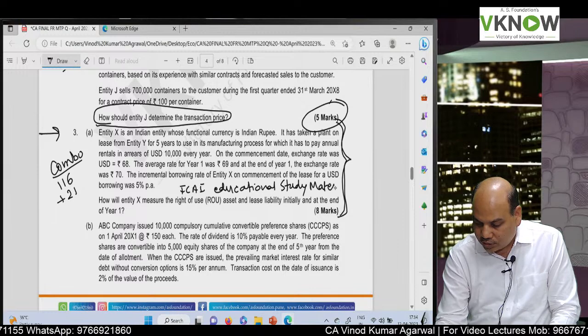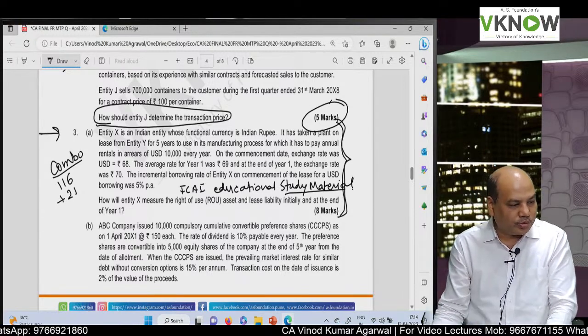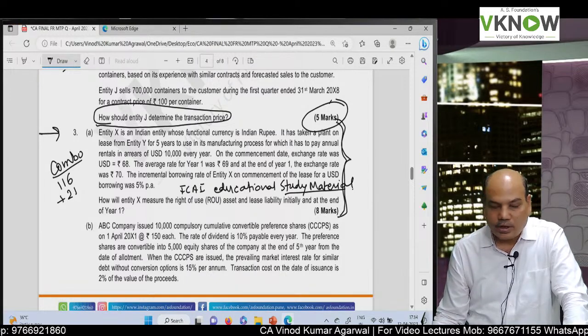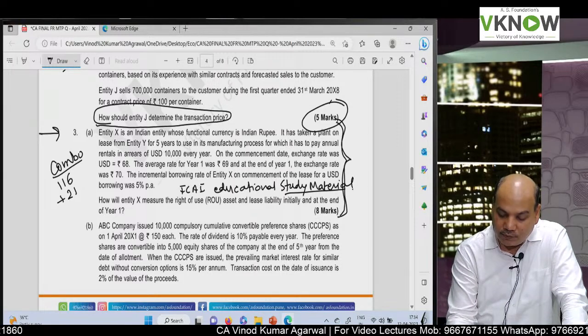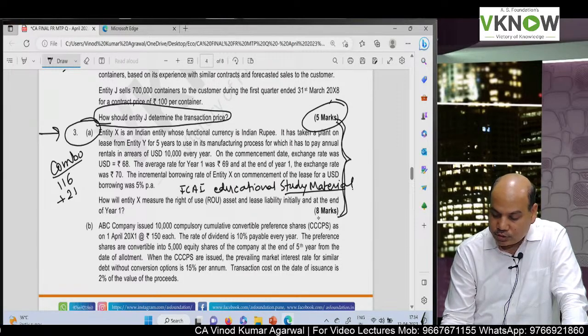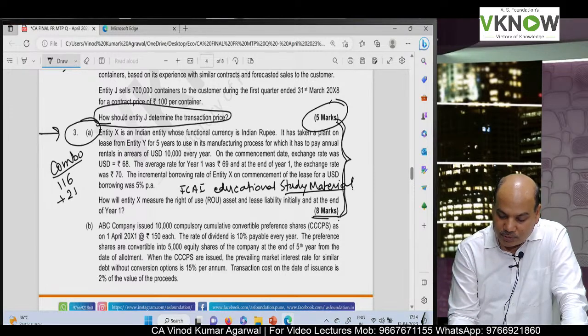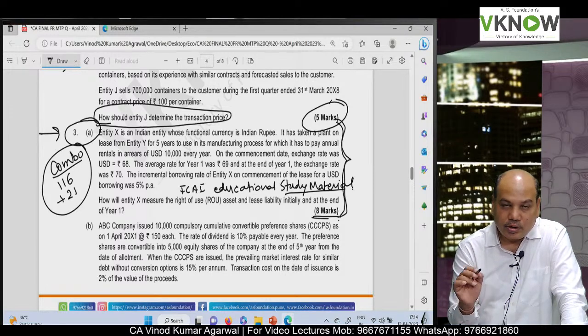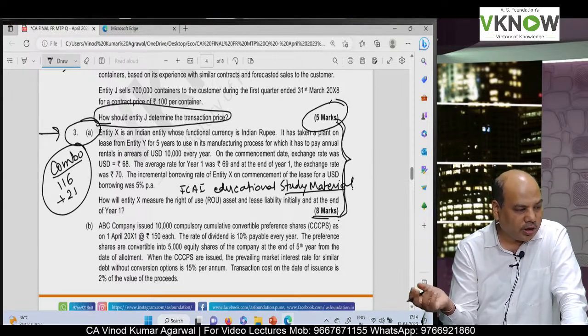Students generally don't like me because I take questions from so many sources, and because of that sometimes it becomes a little lengthy. But now you see the benefit of that. They have asked this question for 8 marks. So if you have not studied this particular question, which requires lease payment to be made in foreign currency, probably you can go wrong.